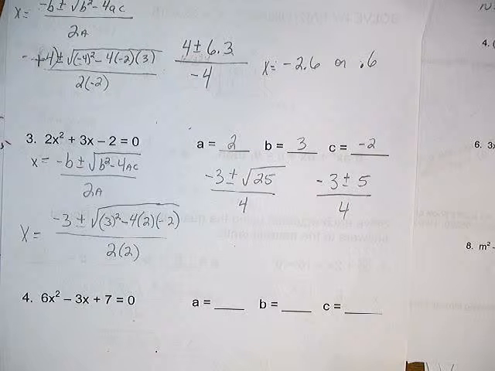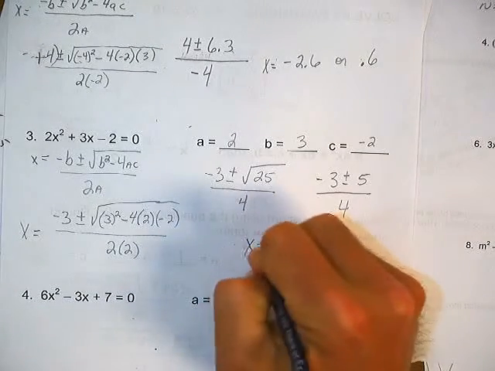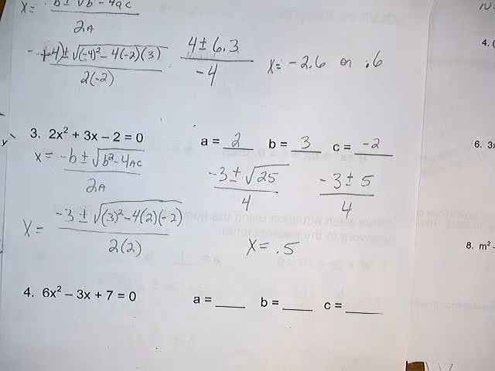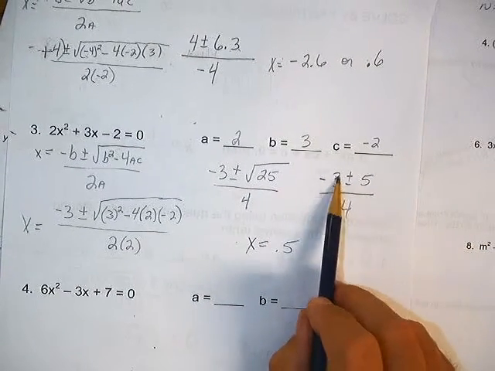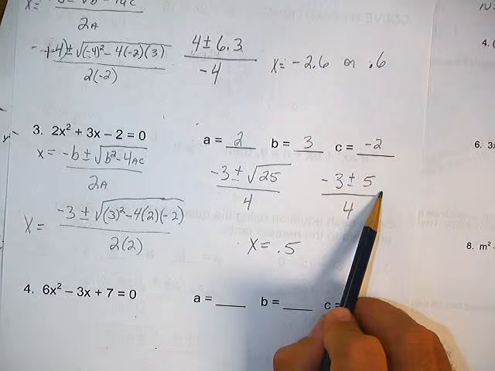Okay. -3 plus 5, enter, divided by 4. What do we get? 0.5. X equals 0.5. Or -3 minus 5, enter, divided by 4. What do we get? Wait, how are you getting negative 2? Did you not hit enter after you said -3 plus 5?